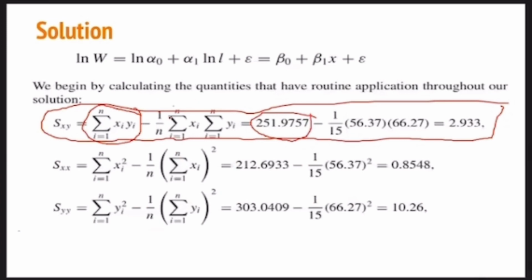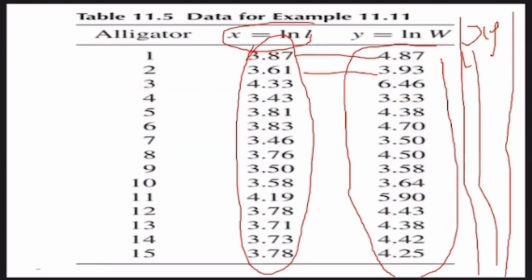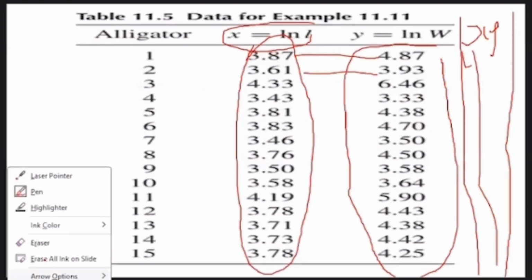Now, you need the sum of x and the sum of y. What is the sum of x? What is the sum of y? As it appears here, the sum of this column will be the sum of x, and the sum of this column will be the sum of y.